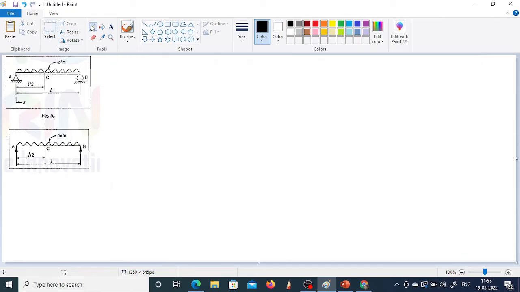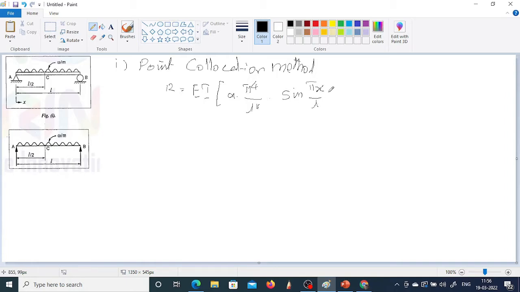Now I move to solve this problem with the point collocation method. How do I solve the problem with the point collocation method? In the previous step I found the residual R is equal to EI into A pi power 4 divided by L power 4 into sine pi x by L minus W is equal to 0.